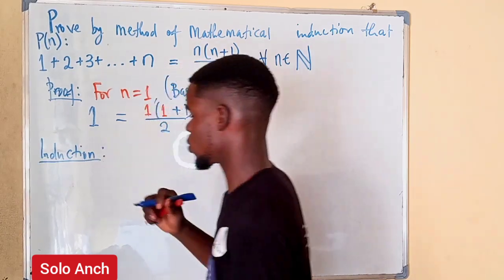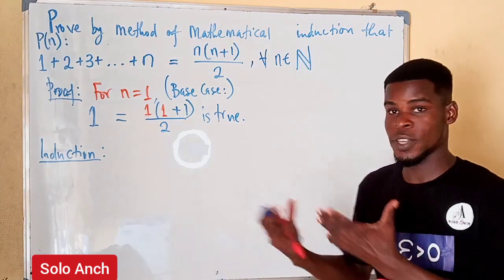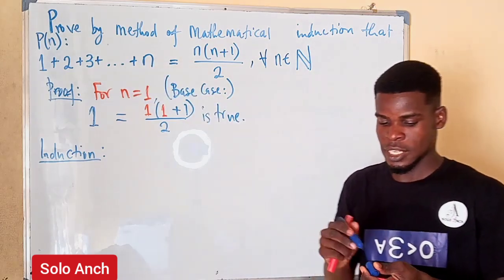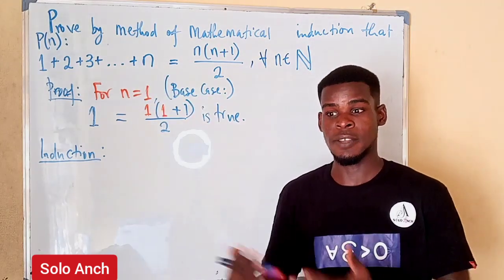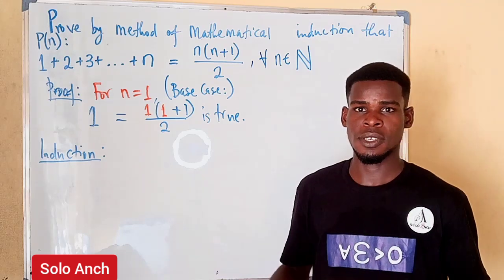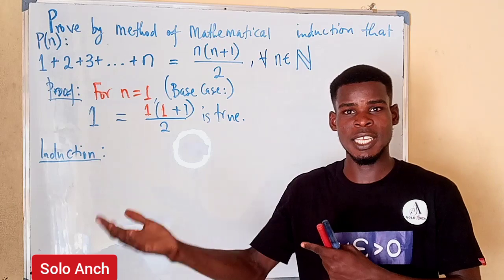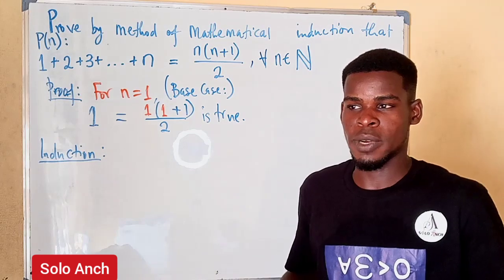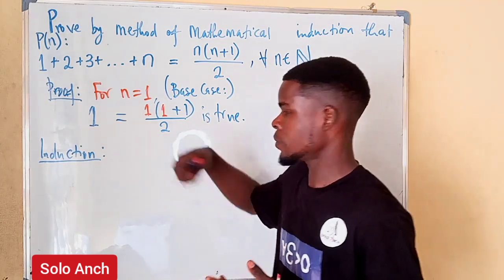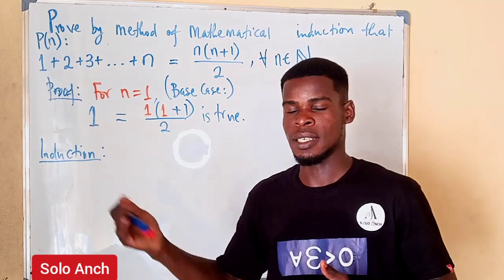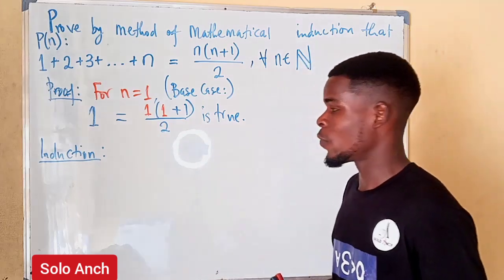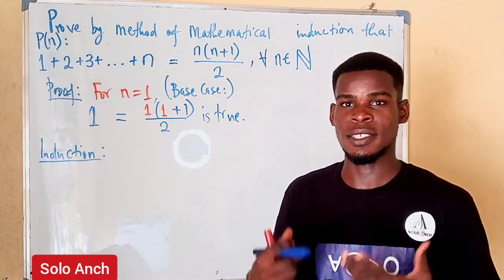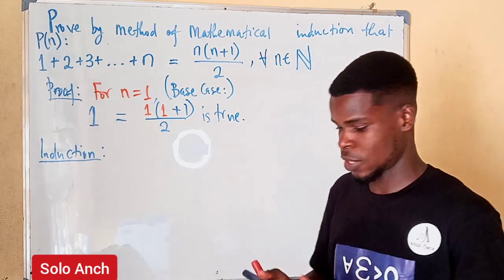Since this statement P is true for the base case, which is the first natural number, and there are infinitely many natural numbers, not finite, but countable, for an arbitrary natural number, which could be 8 instead of 1, or 20, or 99, we'll assume that this statement is true. Then we'll use it to prove that it is true for the successor of any arbitrary natural number.